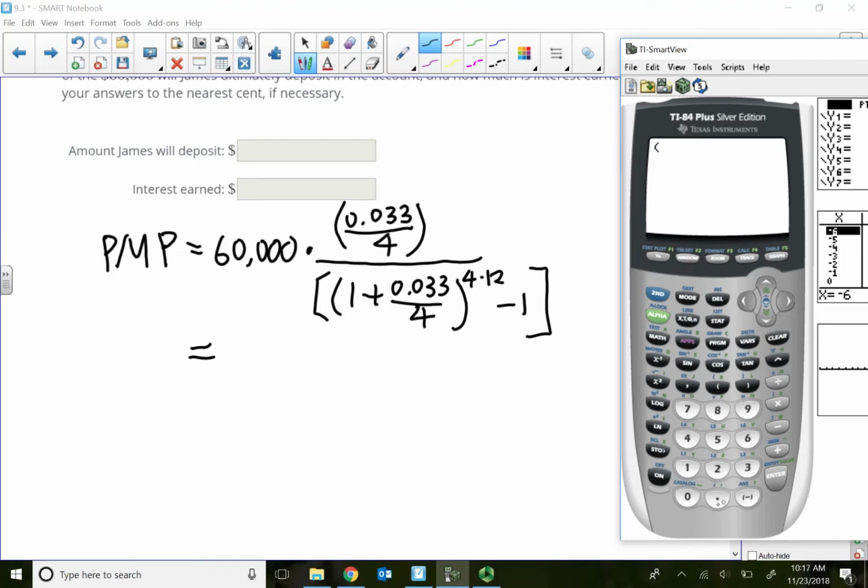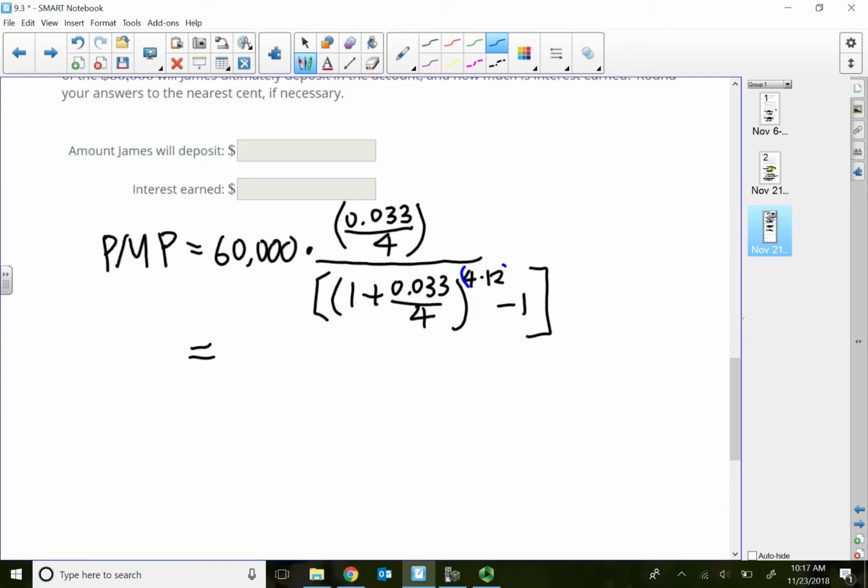Parenthesis 0.033 divided by 4, divided by, open the parenthesis for the bracket, and then we open the parenthesis for the inside, then do my 1 plus 0.033 divided by 4, close parenthesis, raising exponent, put my exponent in a blue parenthesis here.